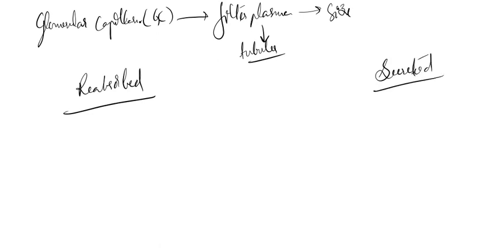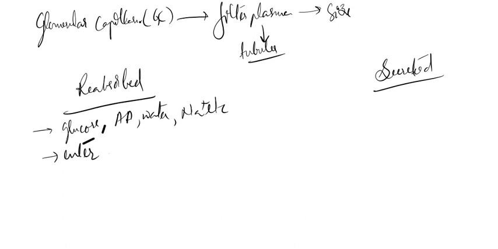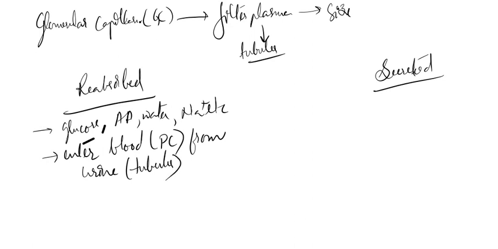All the good solutes, like glucose, amino acids, water, sodium, etc., will get reabsorbed and enter the blood through the peritubular capillary network, from the urine itself. Urine means from which portions? From the tubules.